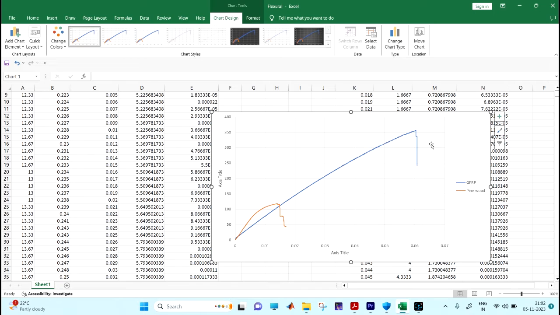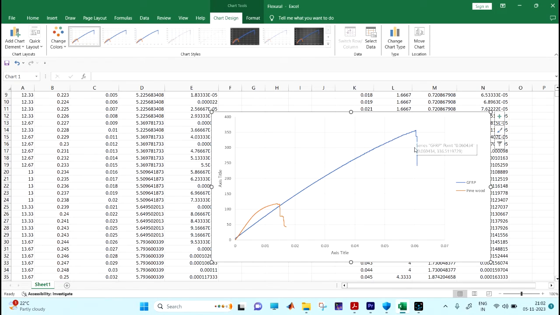You can see the glass fiber reinforced polymer is having a flexural stress of 350 megapascal. It is approximately linear, and when it reaches the maximum it fails.